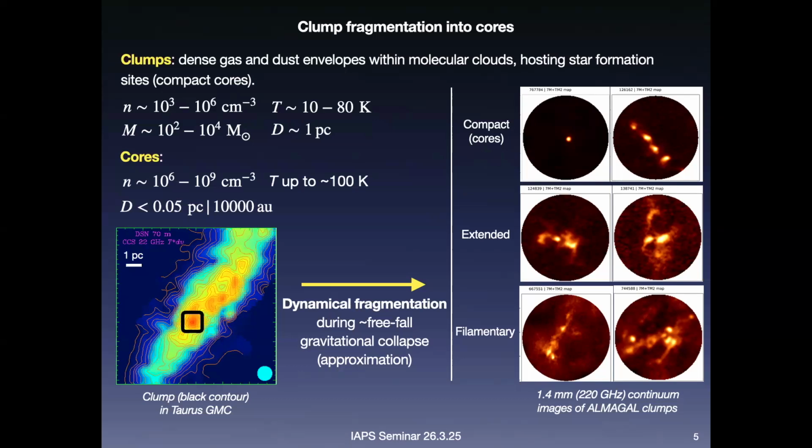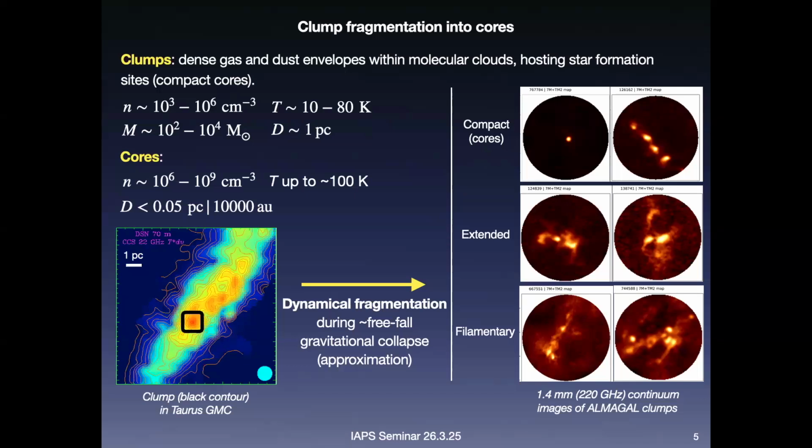So the process that brings basically from the clump fragmentation into the cores, we see in the lower plot another example of a clump within the Taurus giant molecular cloud. And basically, as a very simple approximation, these clumps go through a dynamical fragmentation process that we can approximate as a gravitational collapse.